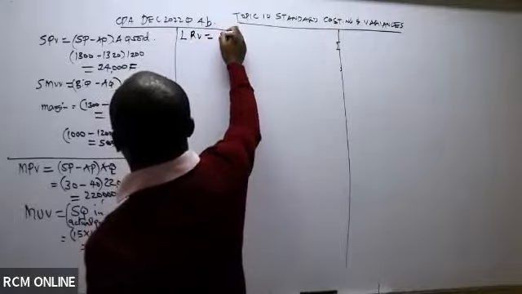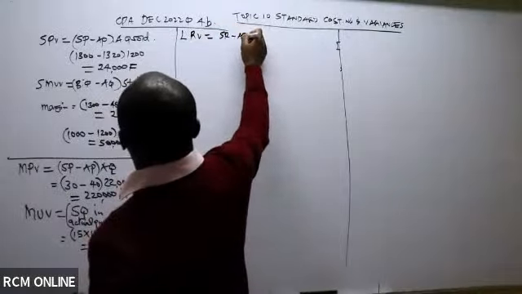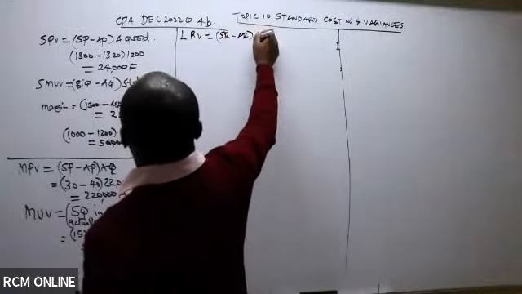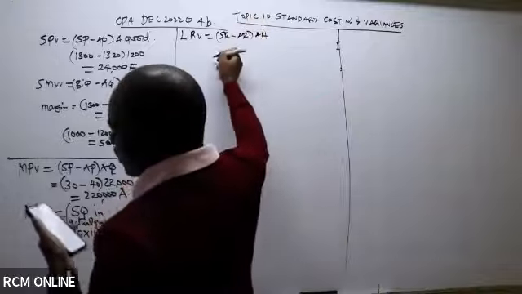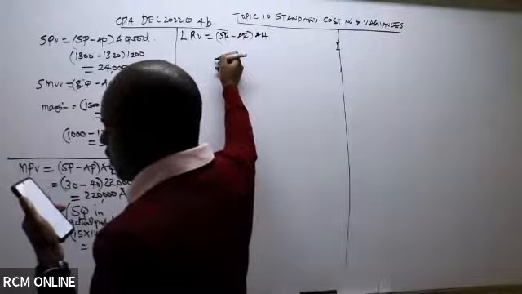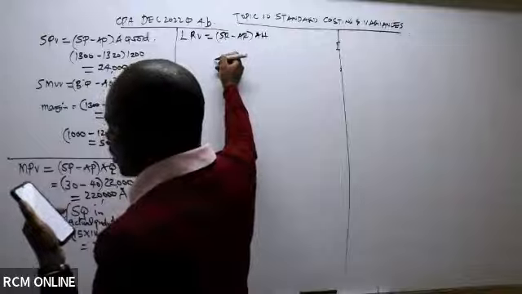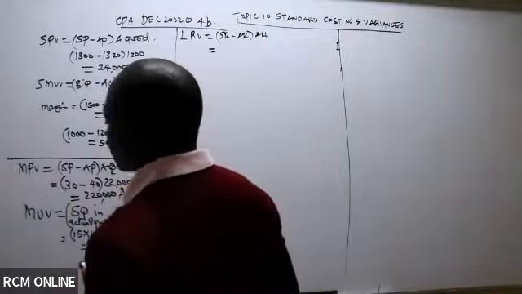Labor rate variance is standard rate minus actual rate multiplied by actual hours. Standard rate, direct labor: 5 hours at 100 shillings per hour. Can you give me the standard rate?